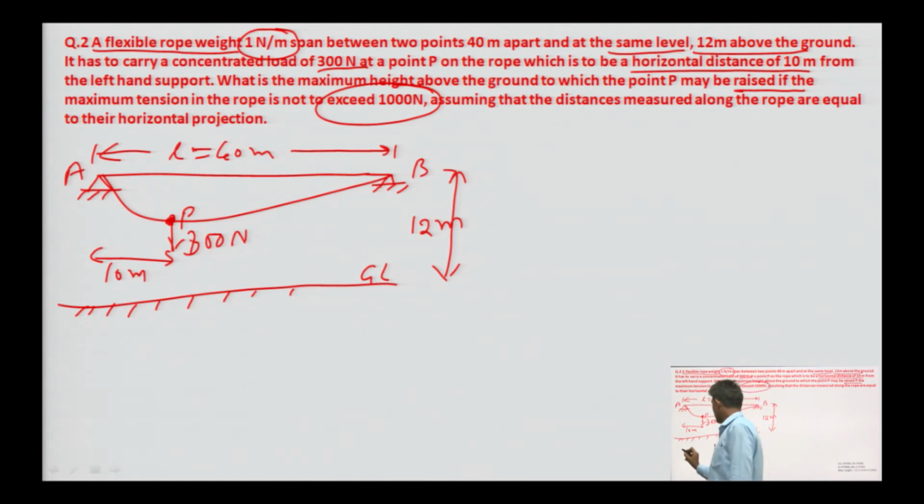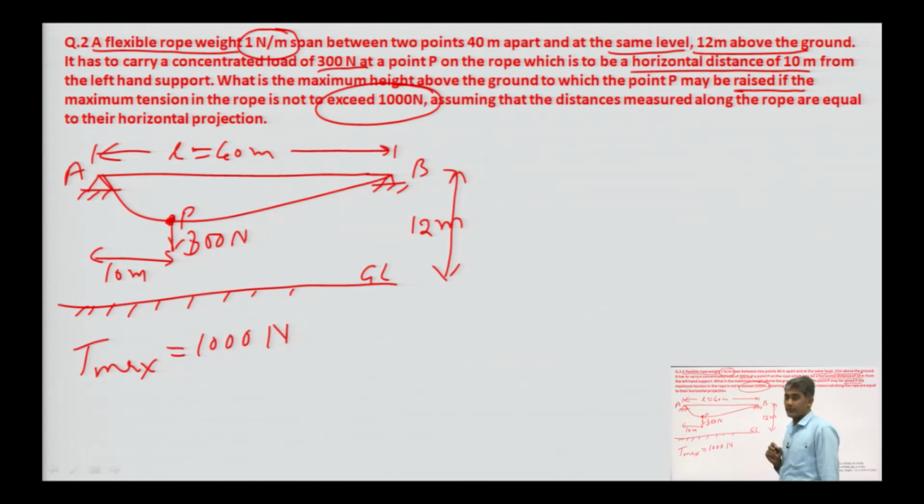Means T max is given to us as 1000 Newton. We need to find this height. Suppose this is a small h.